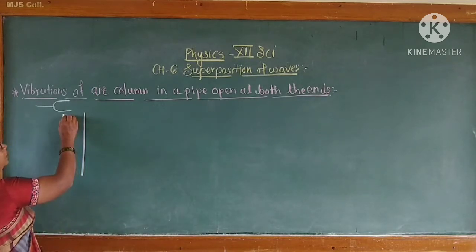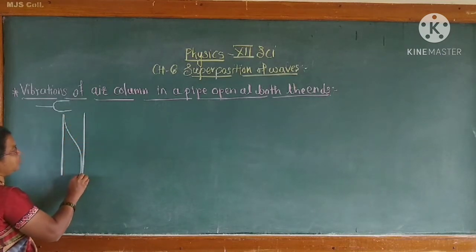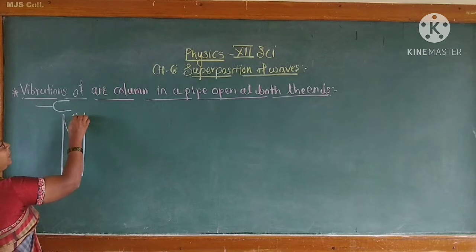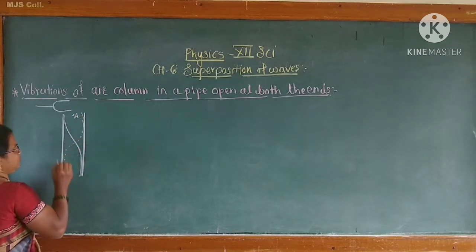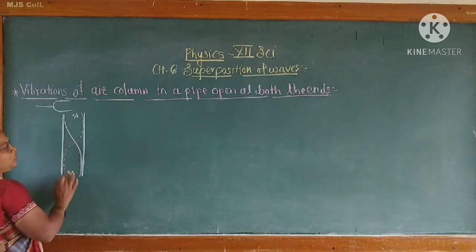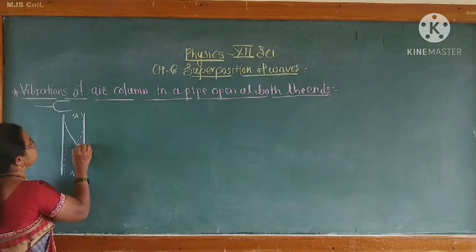At the opening there is the formation of antinodes, so at both the open ends there is an antinode, and here is a node.